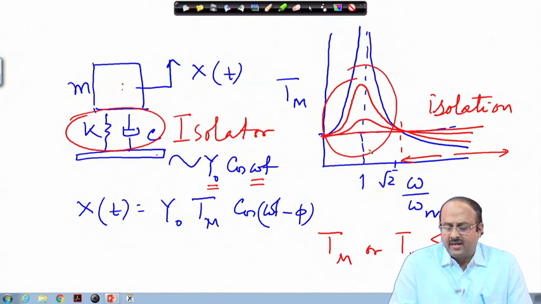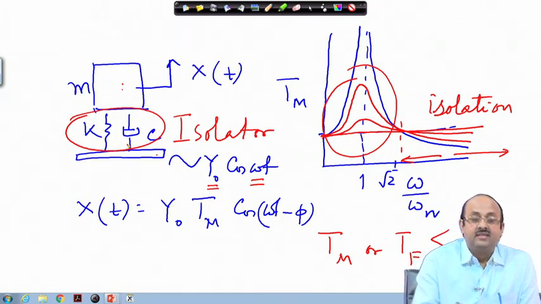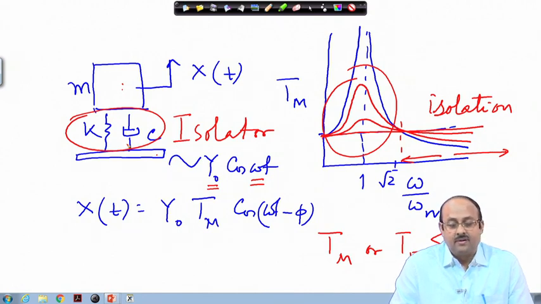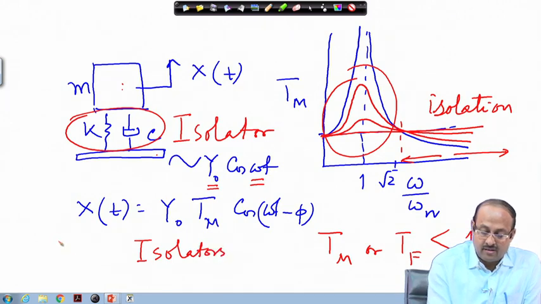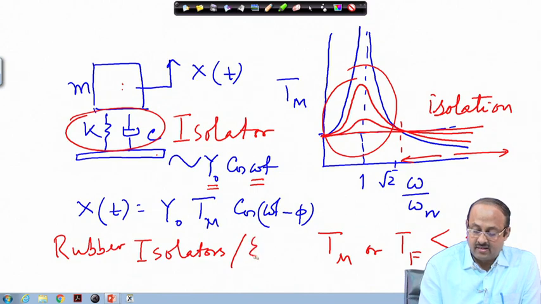So, therefore, there are many researches whereby different types of new materials are being developed, which will have certain types of damping. Mostly the isolators are made of rubber, rubber isolators or elastomers.